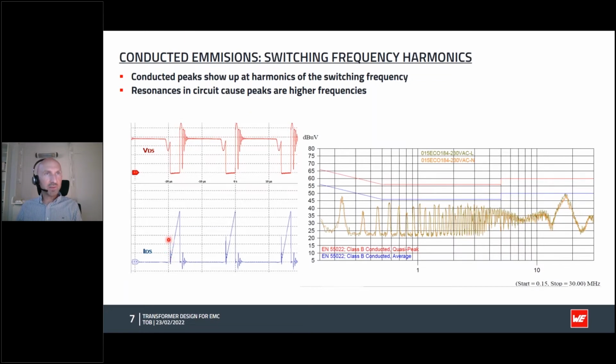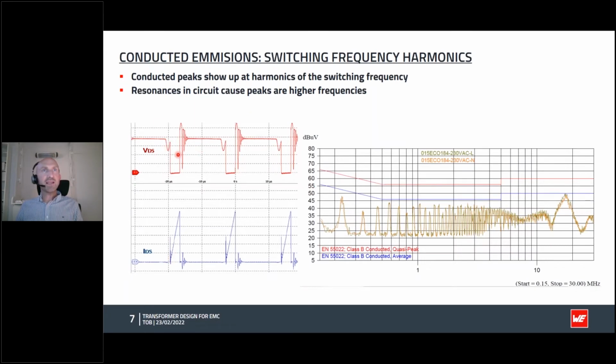You can see as well, when we switch on, we get this little voltage spike here, and that's a function of the inter-winding, so the winding to winding capacitance. The higher that is, the higher this spike can be. And if we zoom in on that, we'll see that there's actually some ringing as well, which can cause problems for your radiated emissions because of the high frequency of that.